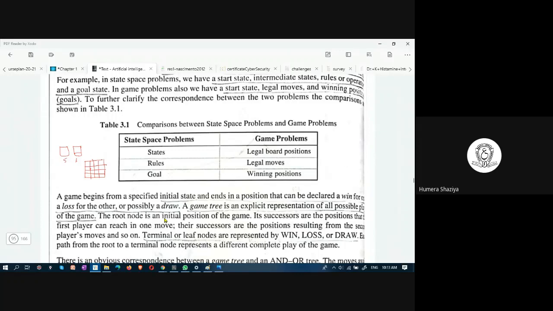Rules and legal moves. Here there are rules that dictate how a system moves from one state to another state. Here we have legal moves that specify how elements on the board can be moved.